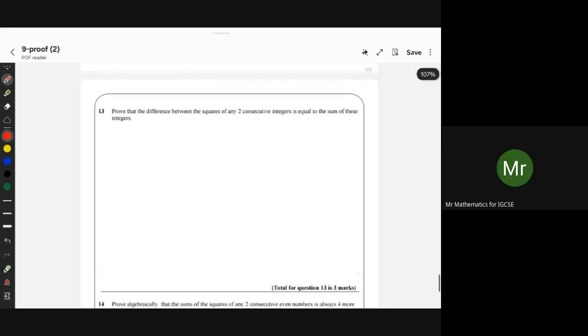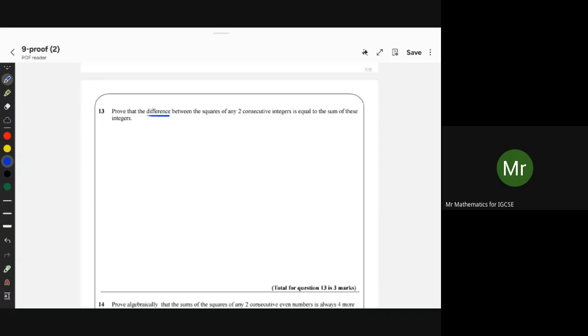Okay. What about 13? Here, he said a difference. Look, Lamis, difference. Now he asked for the difference. Difference means subtraction. Prove that the difference between the squares of 2 consecutive integers is equal to the sum of their integers.